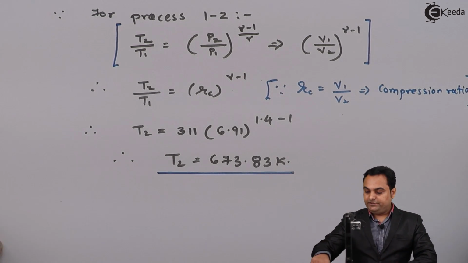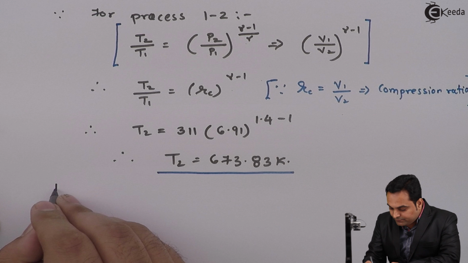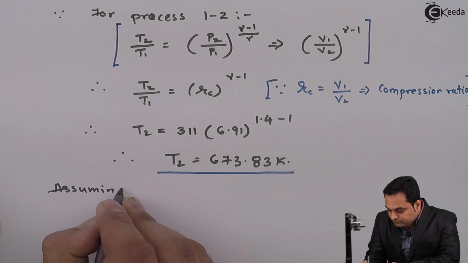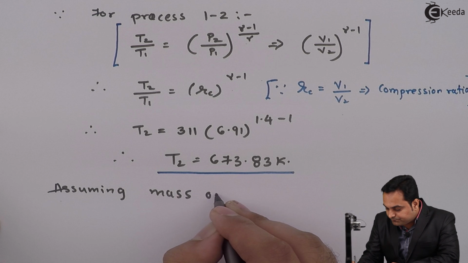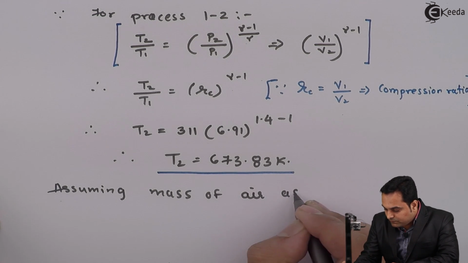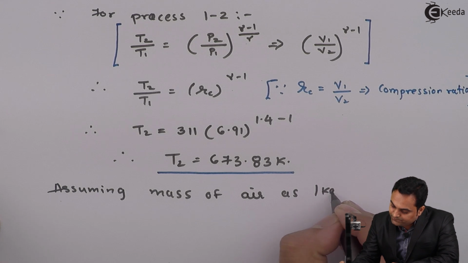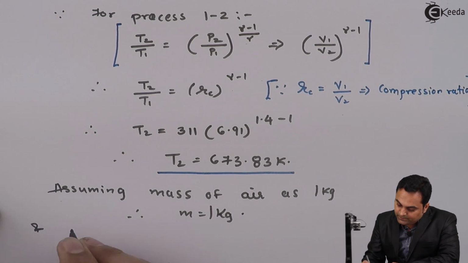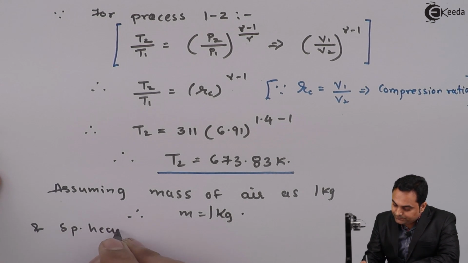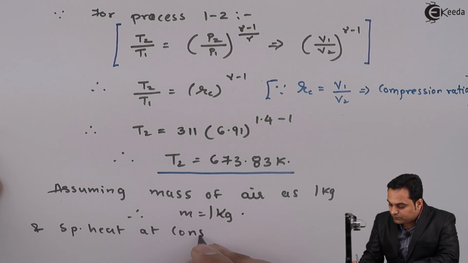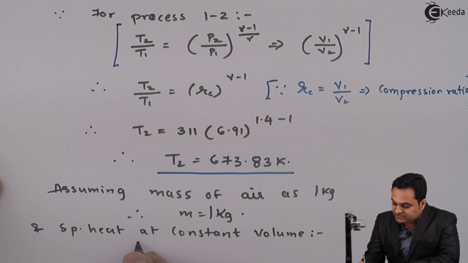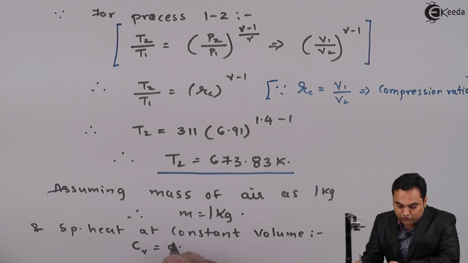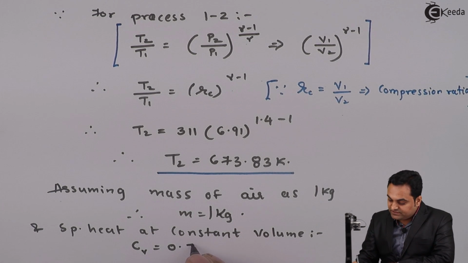Now once we have calculated T2, I'll write down, assuming mass of air as 1 kg, so therefore M is equal to 1 kg, and specific heat at constant volume, C suffix V, is 717 standard value kilojoule per kg Kelvin.